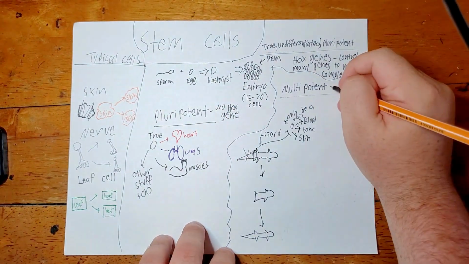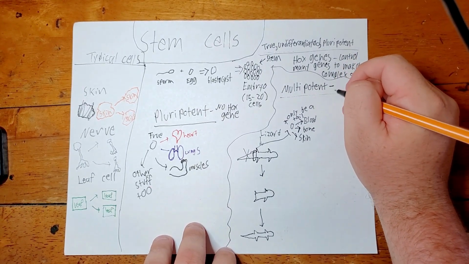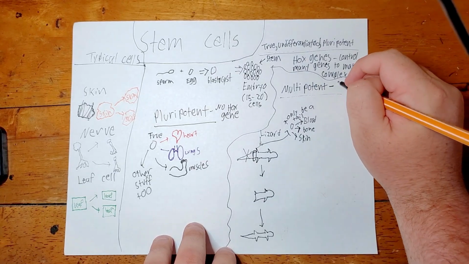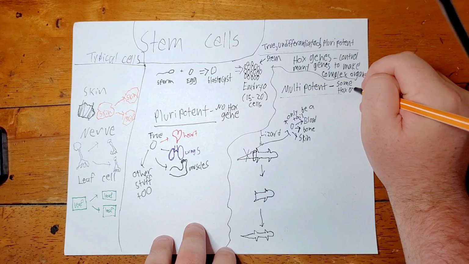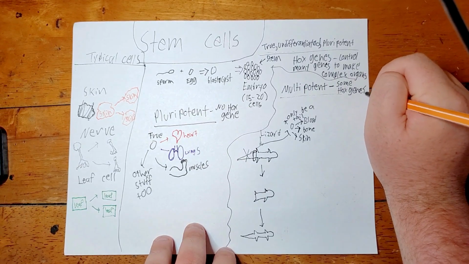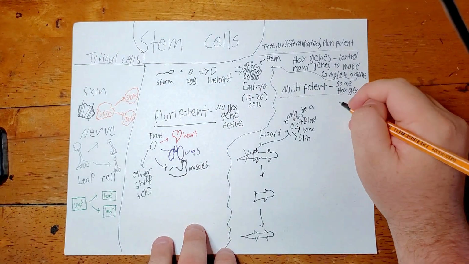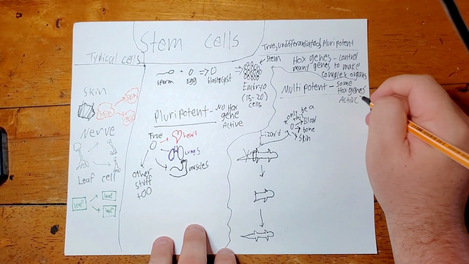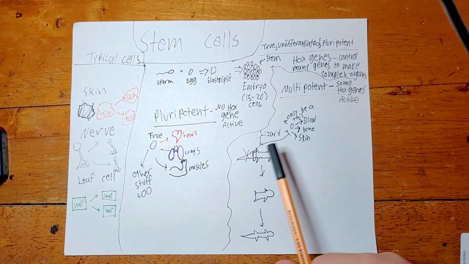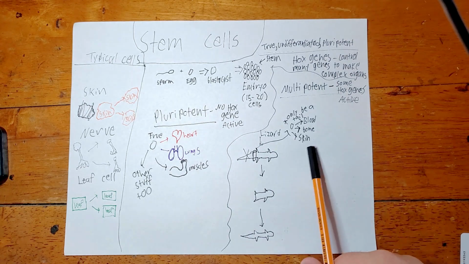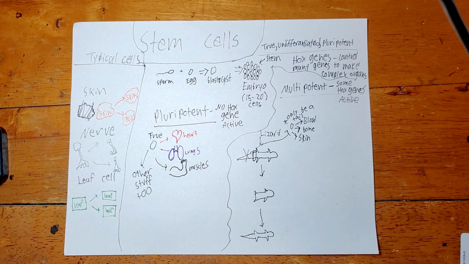And if we look at a multipotent stem cell, we have some Hox genes that are active, but not others, right? We have Hox genes that make blood and bone and skin, but we don't have Hox genes that make arms and heads.